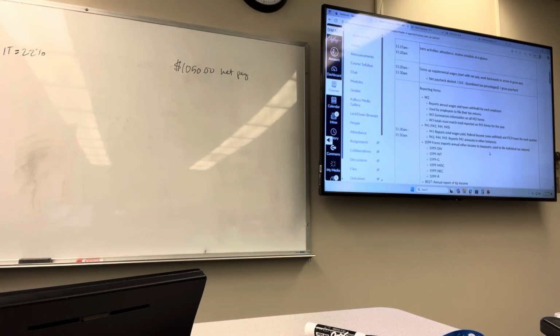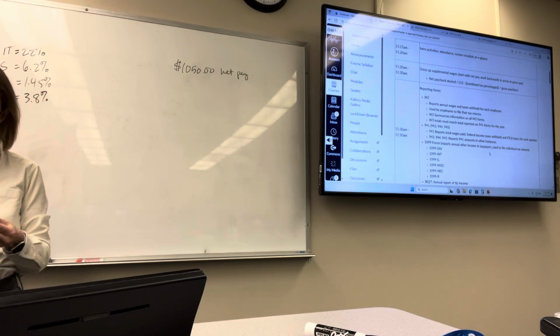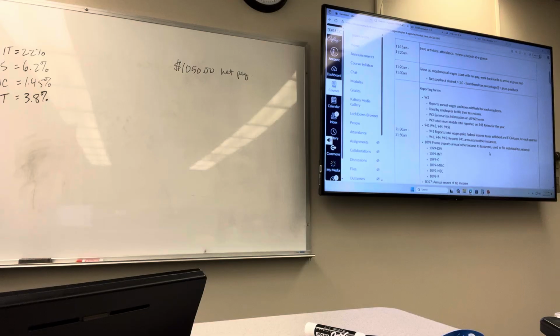Remember, we talked about that last on Tuesday. We have Social Security tax, which is 6.2%, and we have Medicare tax, which is 1.45%. And let's just throw in a state tax rate as well. We'll say that it's a state income tax of 3.8%. That's Iowa's flat tax rate now that we have a flat tax system.